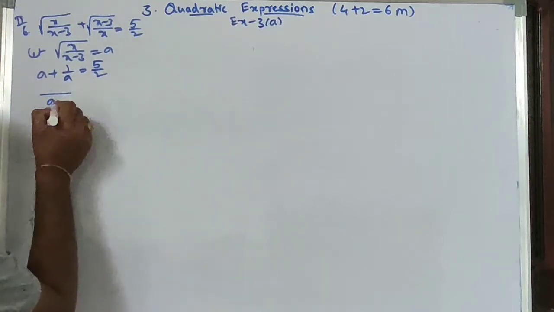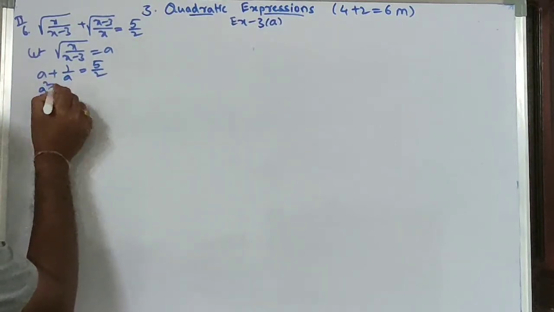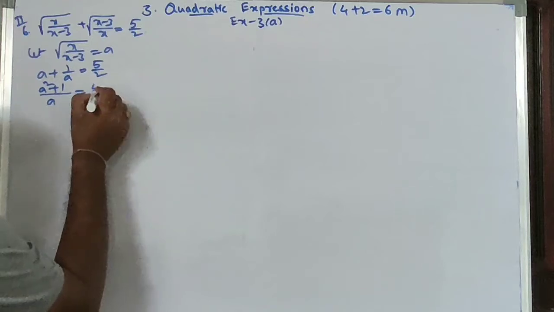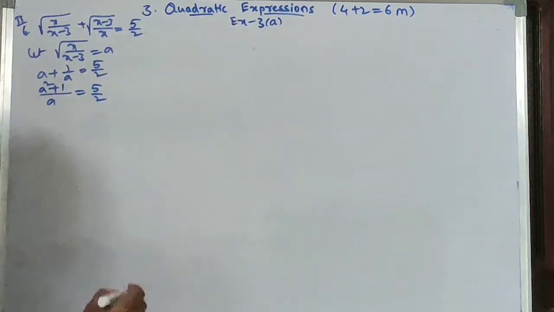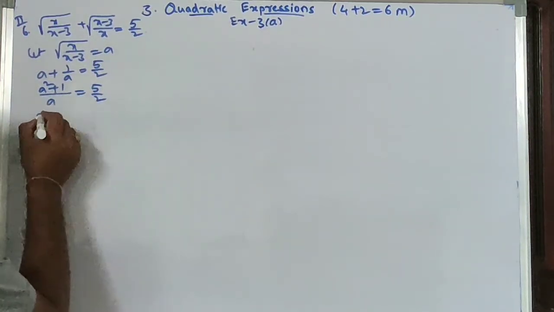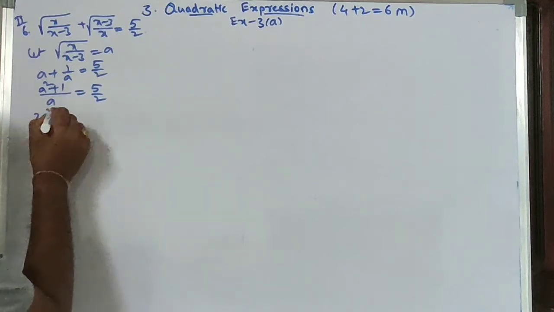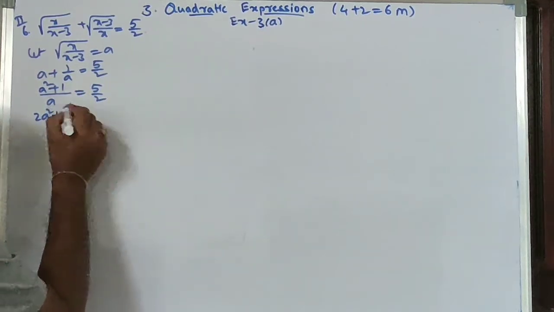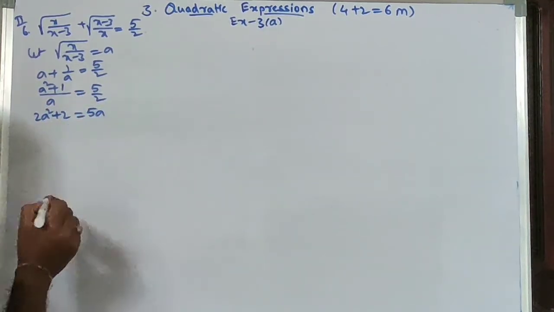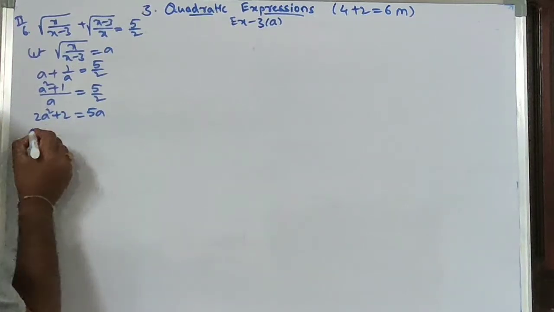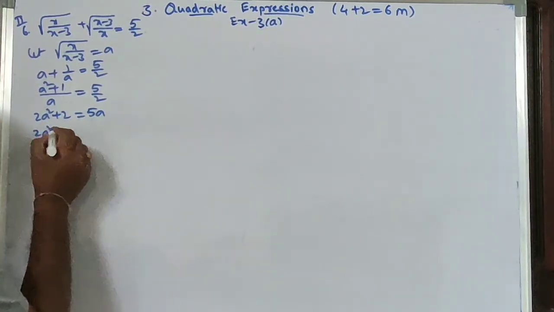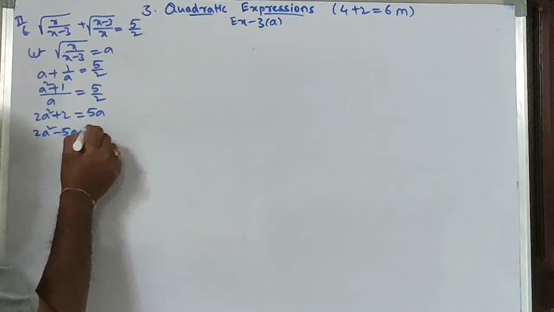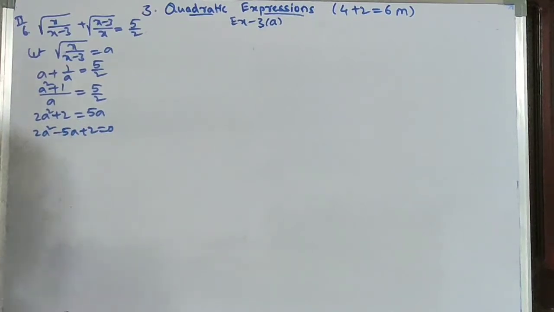Taking LCM, a square plus 1 by a equal to 5 by 2. So cross multiplication, 2 into a square, 2a square, 2 into 1, 2, equal to a into 5, 5a. So 2a square minus 5a plus 2 equal to 0.